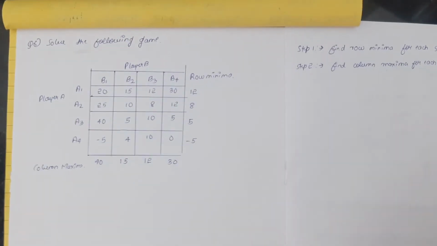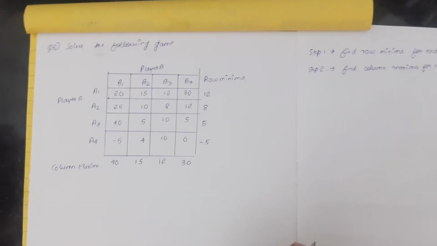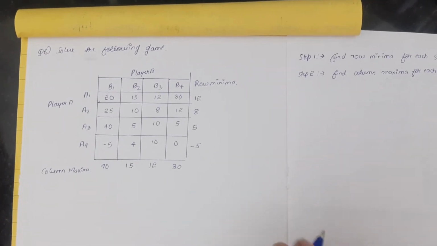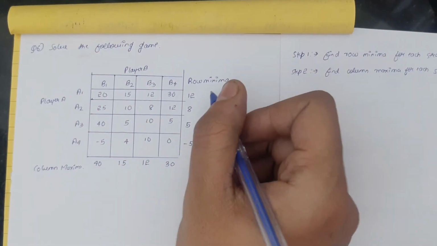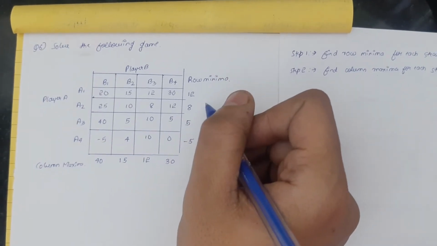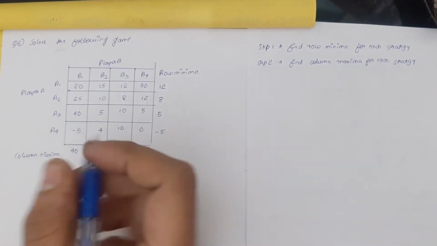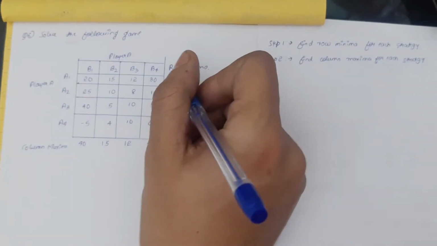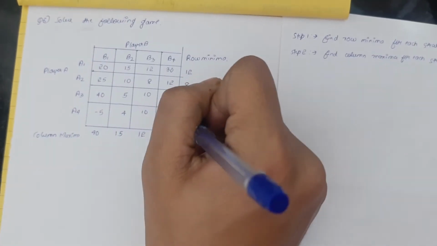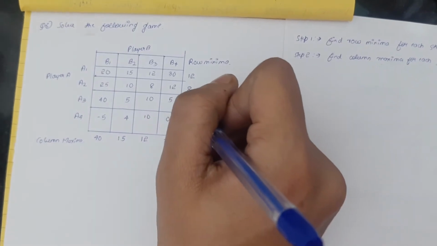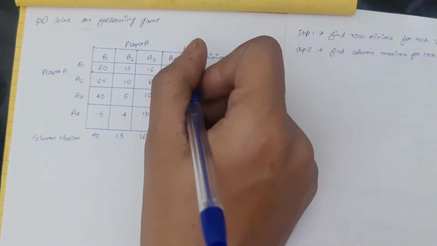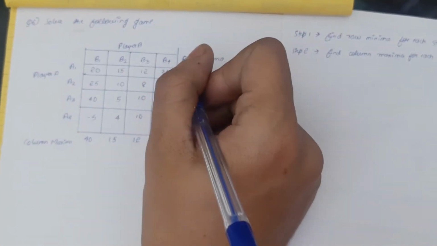So next what we need to do is to find out the maximum value in the row minima and the minimum value in the column maxima. So that is out of 12, 8, 5 and minus 5, we need to find out the maximum value. So here the maximum value is 12.